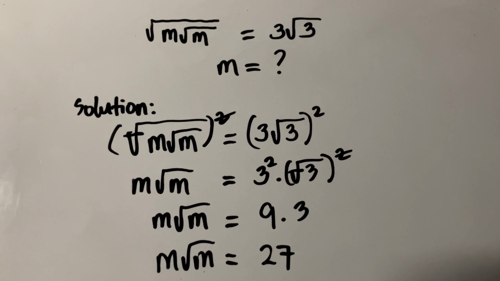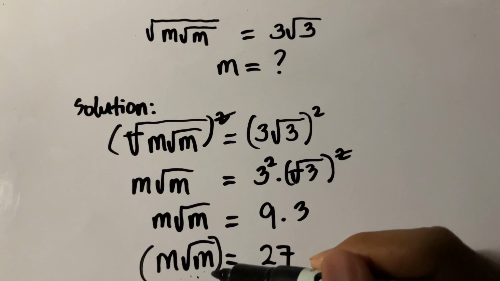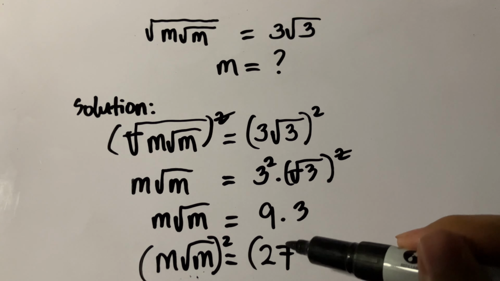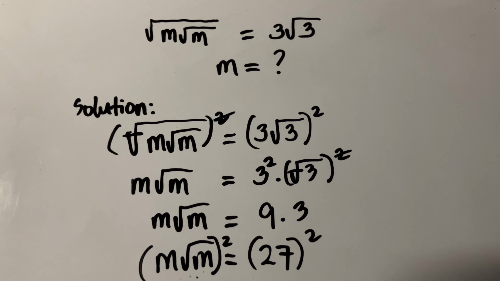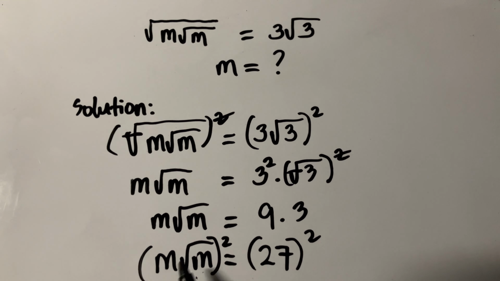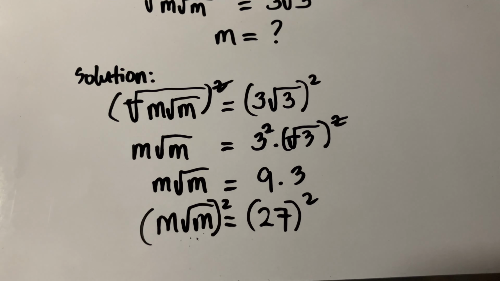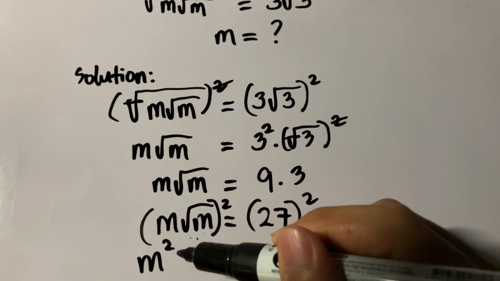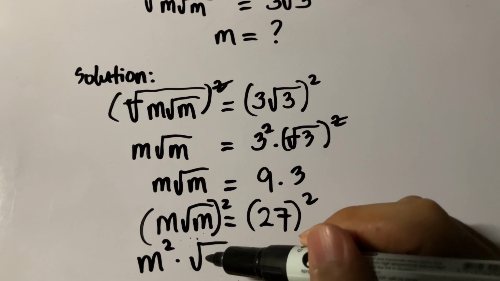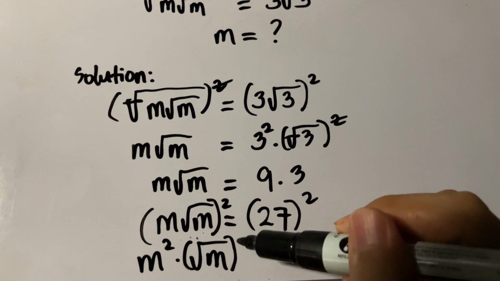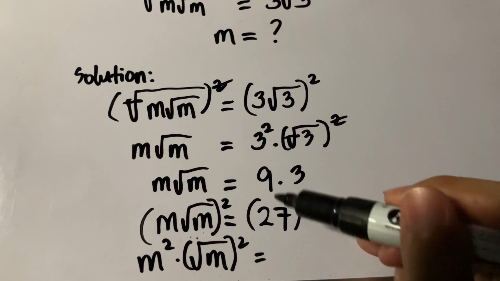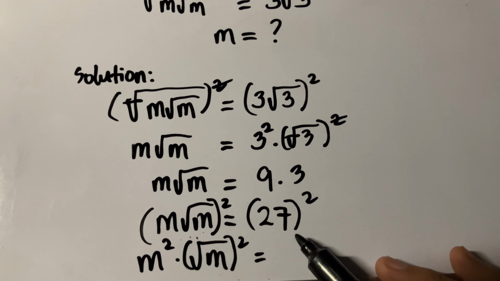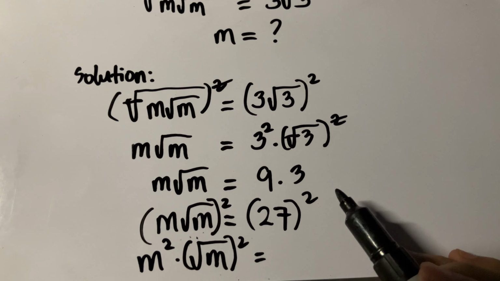Next, we're going to remove this radical by squaring both sides. So this is whole to the power of 2, then whole to the power of 2. For this, we can separate the base and the power. So this is now m squared times square root of m whole to the power of 2, then equals, for this, 27 whole to the power of 2.